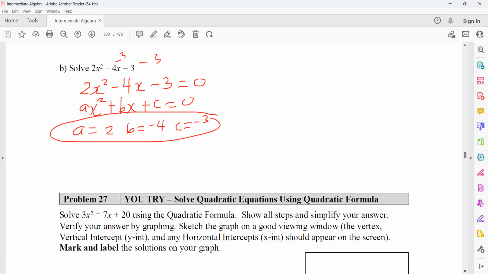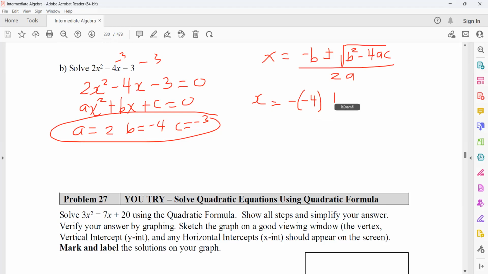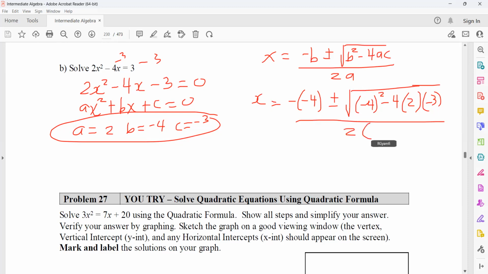So my quadratic formula, x is equal to negative b plus or minus the square root of b squared minus 4ac, over 2a. So x equals negative b, which is negative 4, plus or minus the square root of negative 4 squared minus 4, A is 2, C is negative 3, all over 2 times A, which is 2.